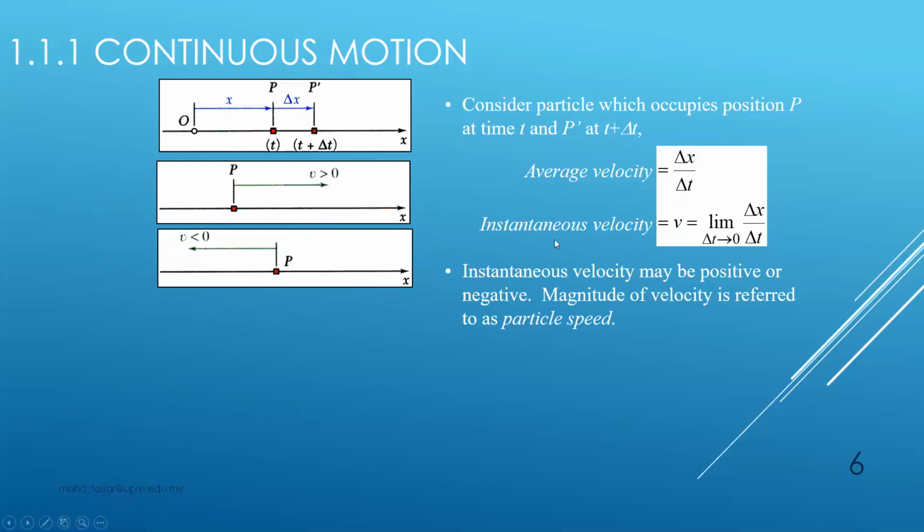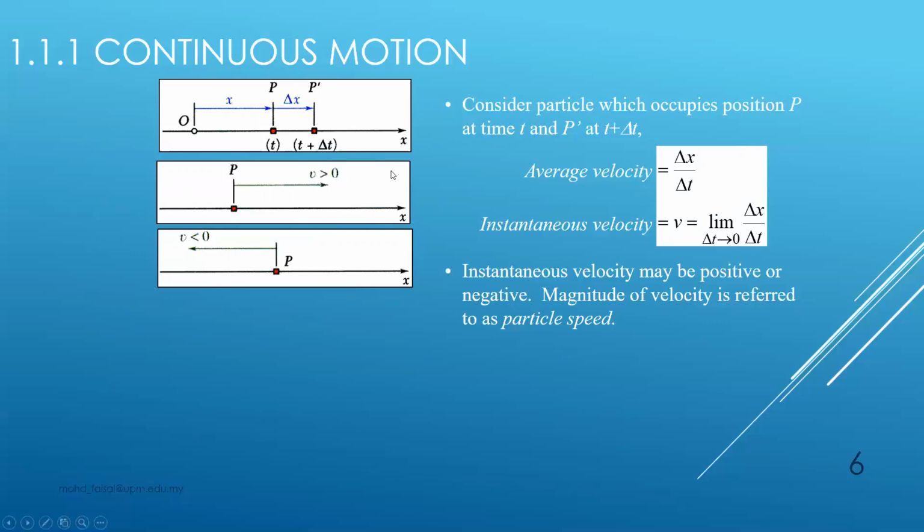Speaking about the instantaneous velocity, the difference is that for the average velocity, you get the mean of it, the average of it. However, the instantaneous velocity depends on the exact time that you are interested in. So that's why we call it the instantaneous velocity.